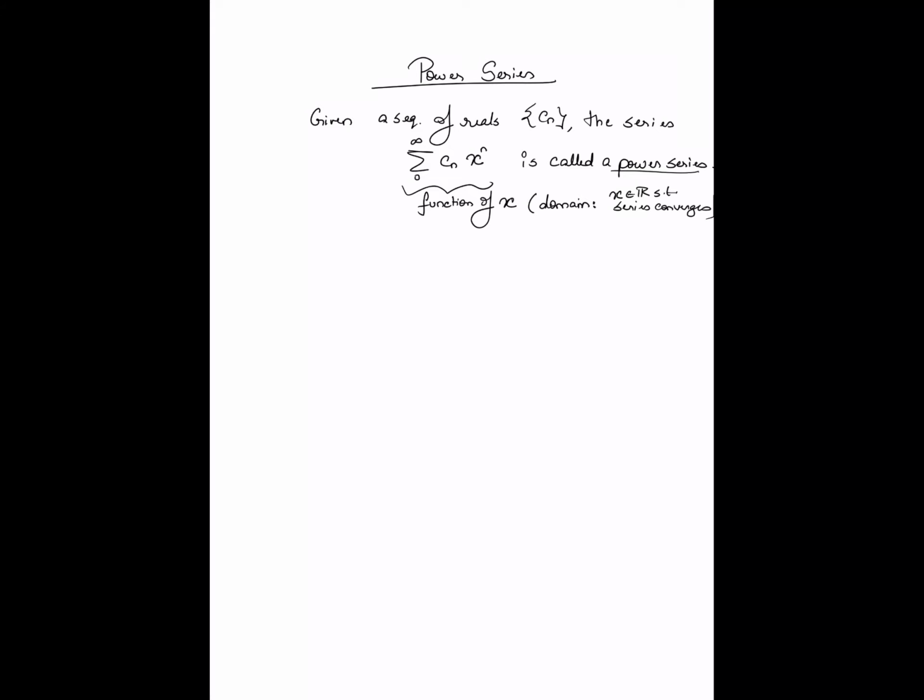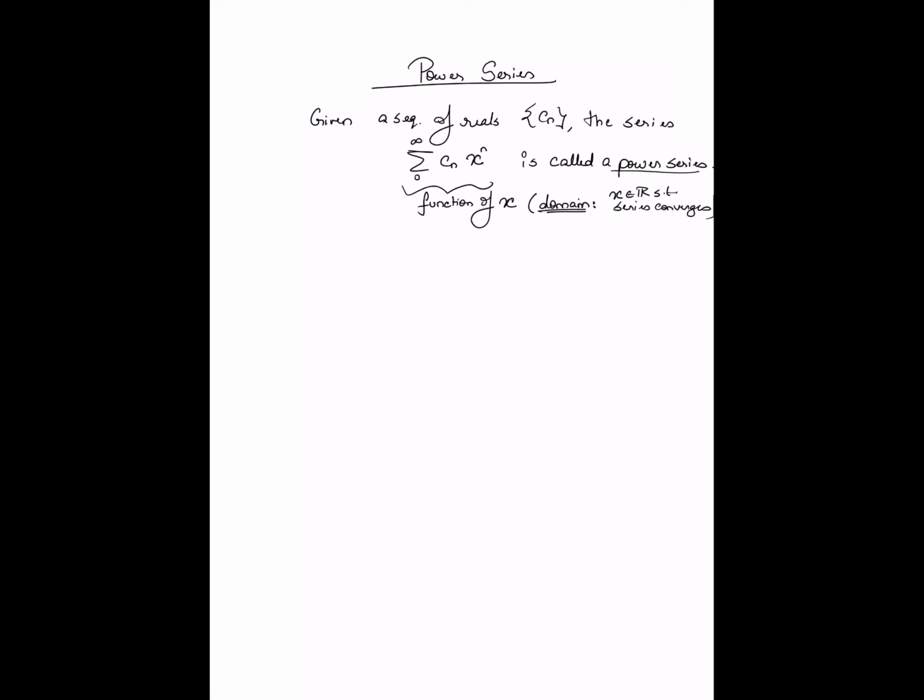Okay, so this is what a power series is. We will have a lot more to say about power series later, when we study continuity and differentiability. But at this point, using the machinery for series that we have built so far, what we are going to study is just the domain of the power series. So what is the structure of the domain of a power series? That is what we are going to study right now.